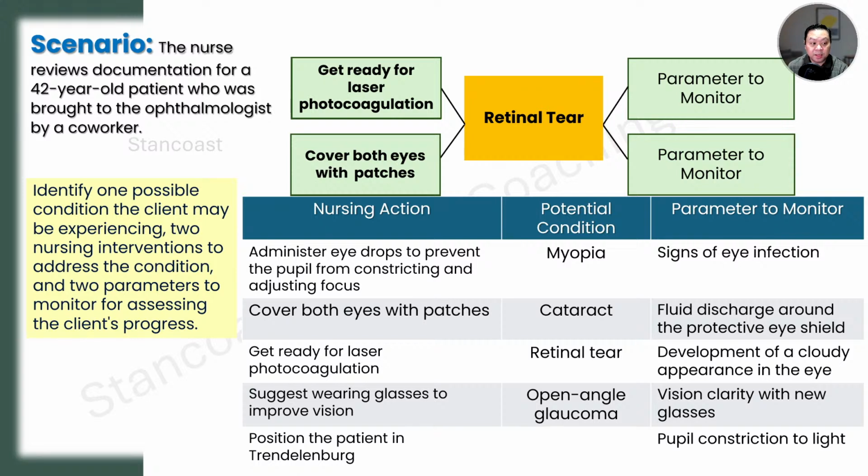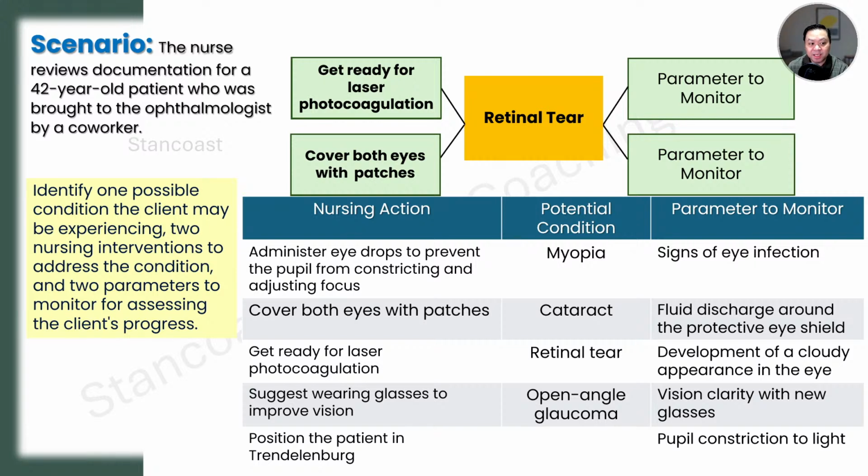Now, if you selected administer eye drops to prevent the pupil from constricting and adjusting focus, we know that certain conditions like uveitis or maybe iritis may benefit from the medications that can inhibit pupil constriction.